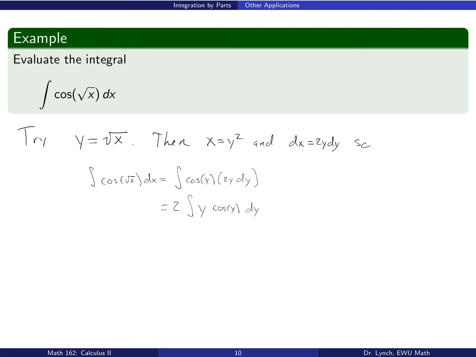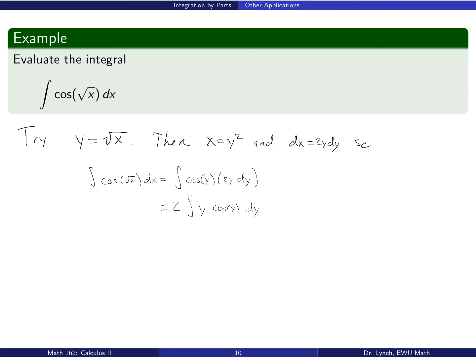So here's that substitution. y equals the square root of x, or in other words, x equals y squared, so that dx is 2y dy. We can see that the integral of cosine of the square root of x dx is the integral of cosine y times 2y dy, which we can factor and write as 2 times the integral of y cosine y dy. Now this, as it turns out, is exactly the integration by parts integral we started the class with.